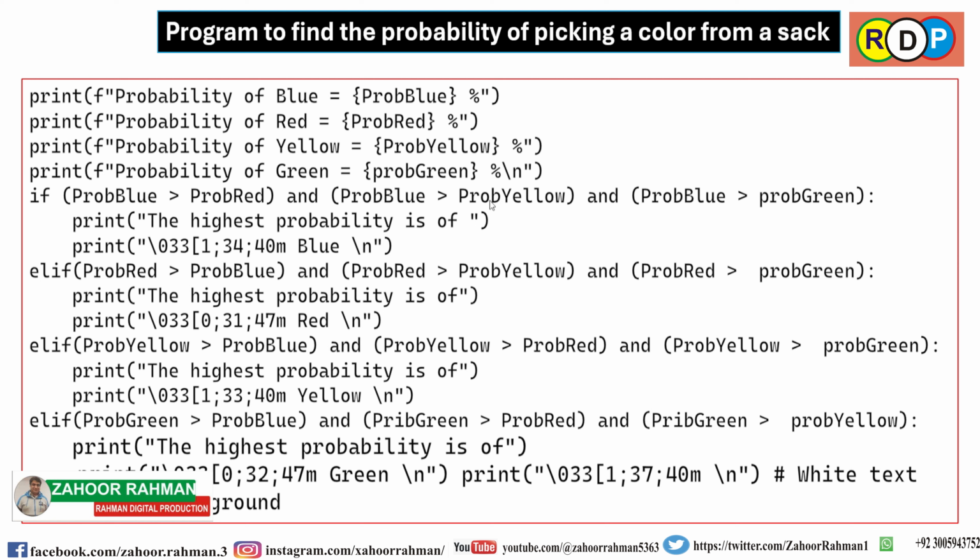If these conditions are true, then it will print the highest probability is of blue, and this is the ANSI code for blue color.